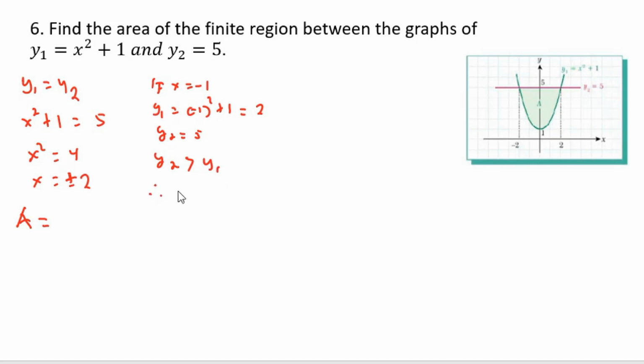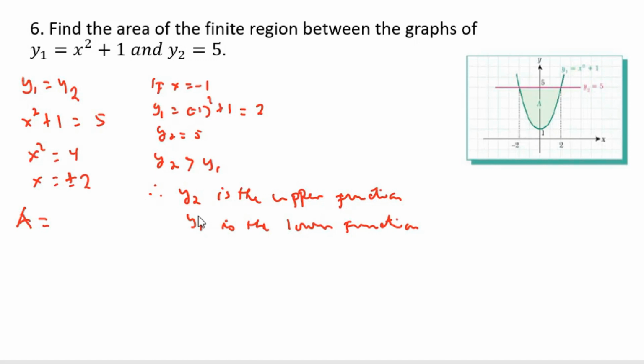Therefore, y sub 2 is the upper function and y sub 1 is the lower function. So that is one way of determining which one is the upper function and the lower function without the graph.